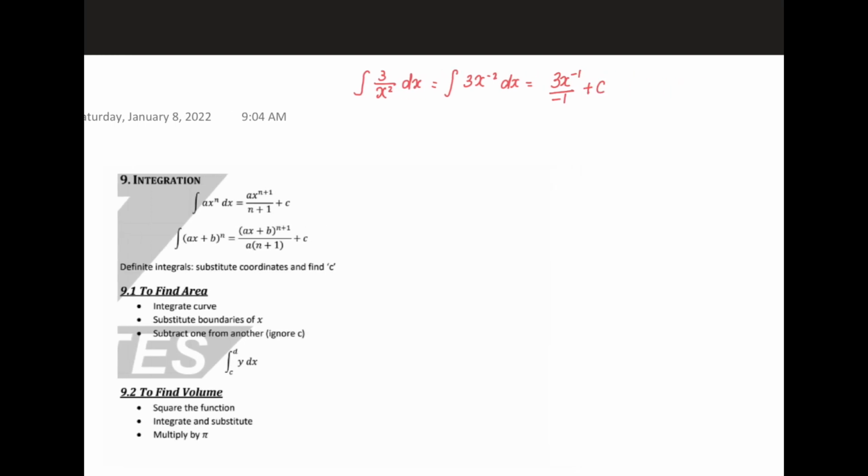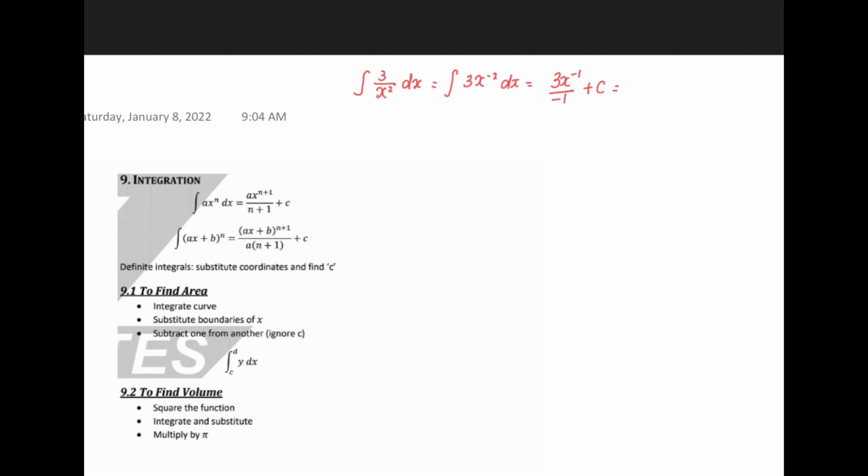So that is how we use the formula, where you can see the power from negative 2, you plus 1 to it, becomes negative 1. And if the new power is negative 1, then you divide by negative 1, then you plus c. Of course, normally we don't leave our final answer in this way, so we have to simplify it.